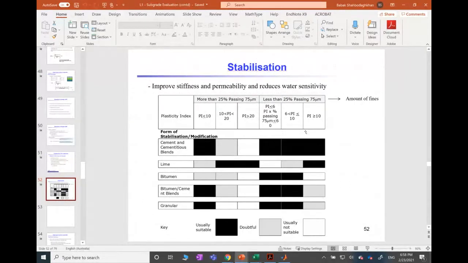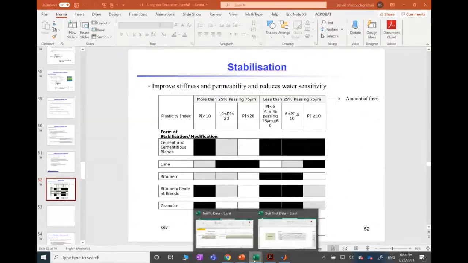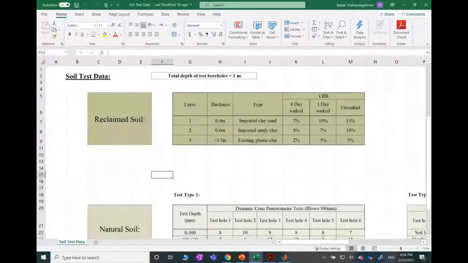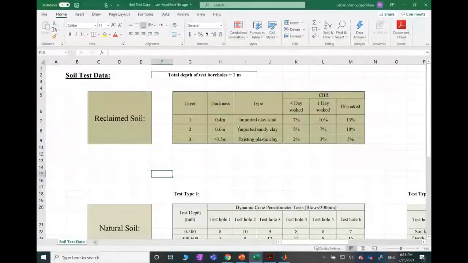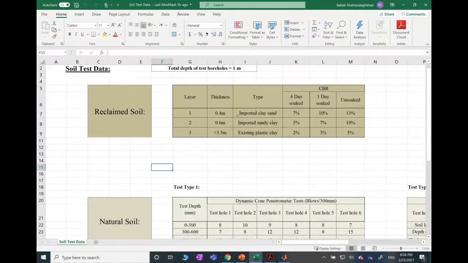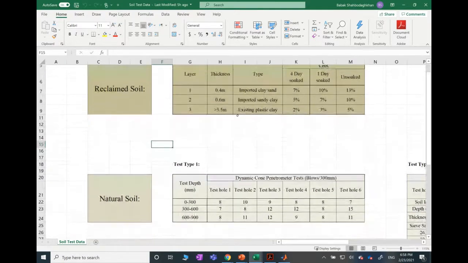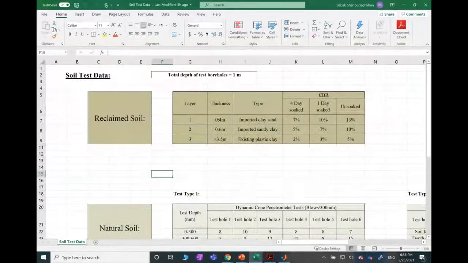That's the reason the results I provided you are the real test results. I didn't define them as a function of, for example, ZID or anything, because I didn't want to ruin the results. These are the real results from the field and from the lab.